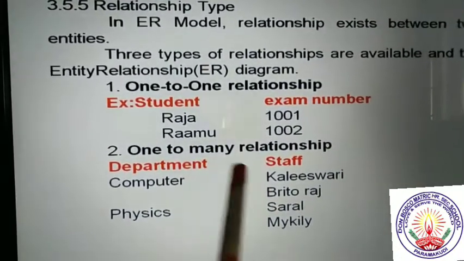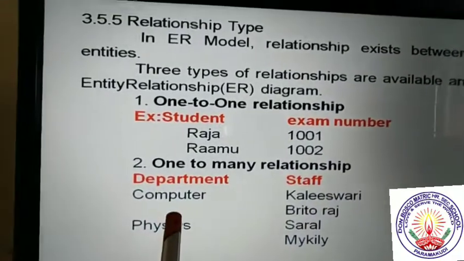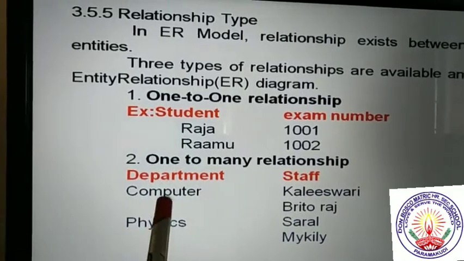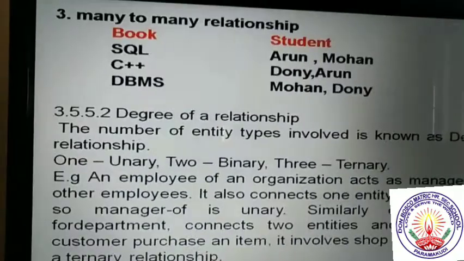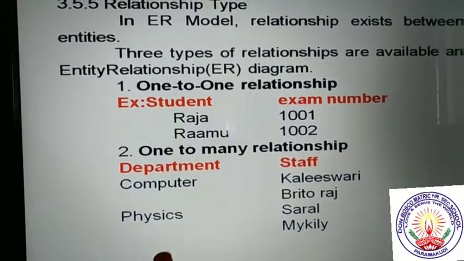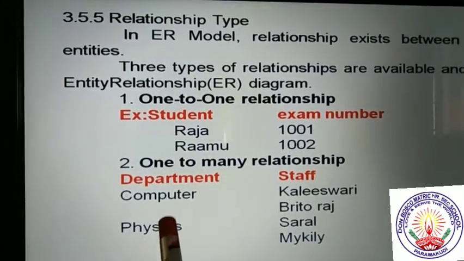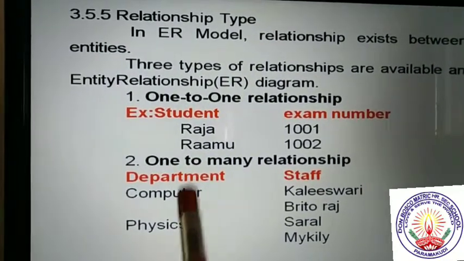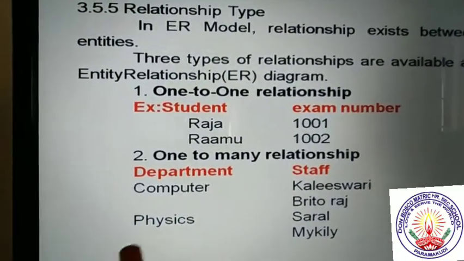And one-to-many relationship, so here one example, I thought one department and staff. So I have to create 2 departments like computer department and physics department. So here department is only one. Computer அப்படிங்கிறது ஒரு department, physics அப்படிங்கிறது ஒரு department.